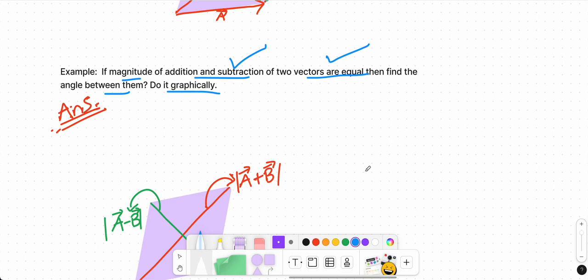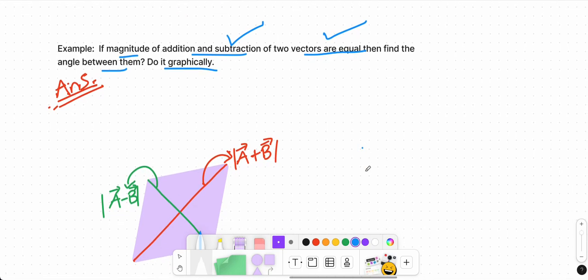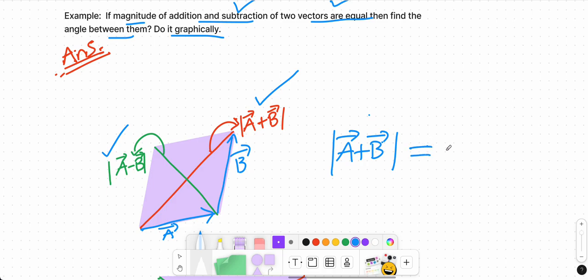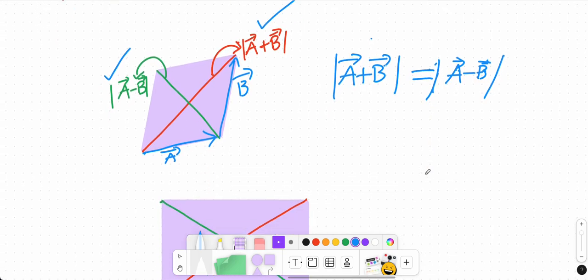We know that in a parallelogram, if I have two vector A and B, two sides of the parallelogram, then one diagonal represent magnitude of A plus B, other diagonal represent magnitude of A minus B. But here in the question it is given that A plus B magnitude is equal to A minus B. This is only possible if the parallelogram is a rectangle.